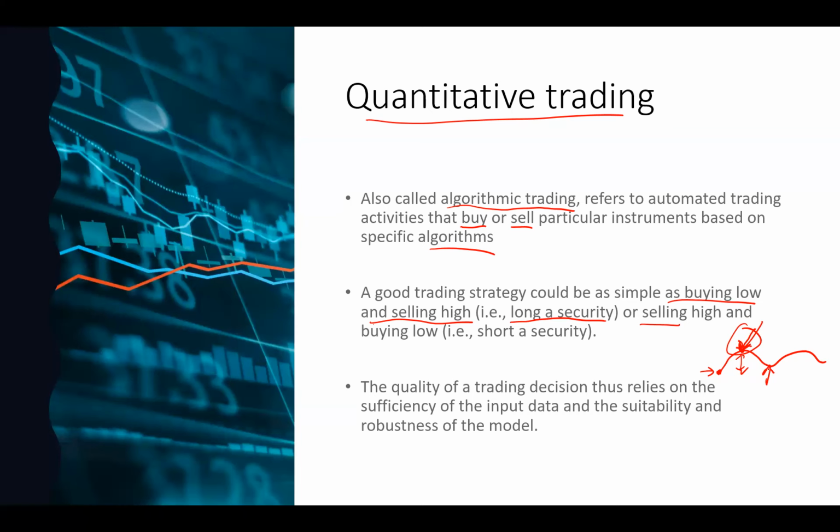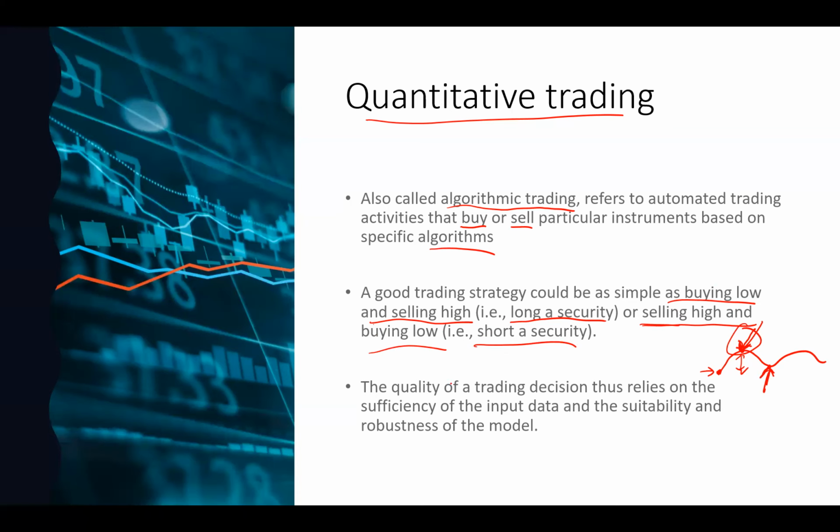If I predict this asset is going to decline in price, then when the price drops, I can buy it back and return the asset to the original owner. This is how we make money by selling high and buying low. This is called shorting a security.